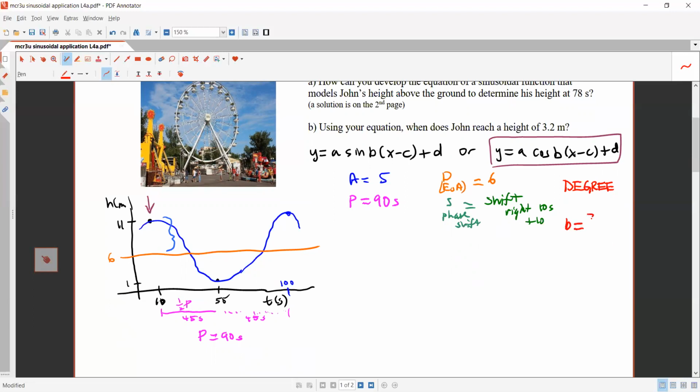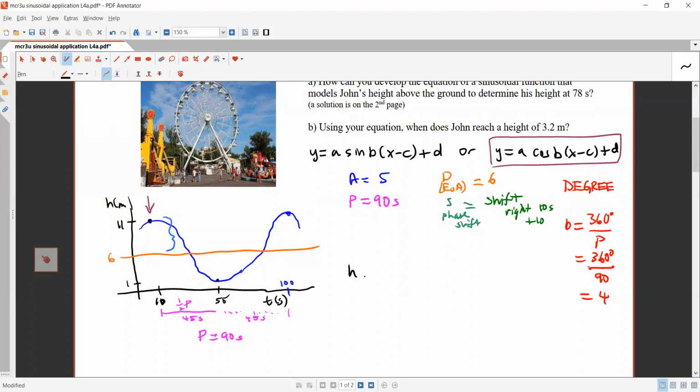B is equal to, and I said to leave it in degrees, so 360 degrees divided by the period, which is 360 degrees divided by 90, and that's 4. So let's put all the information together now. I use y, but we really should be using h.